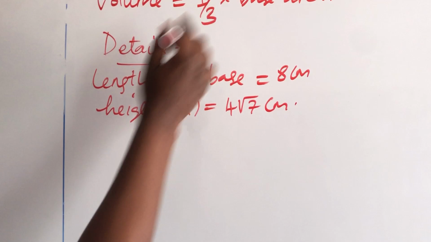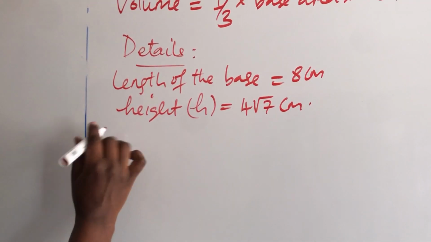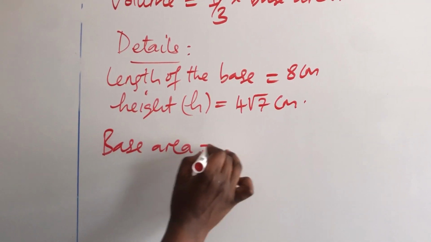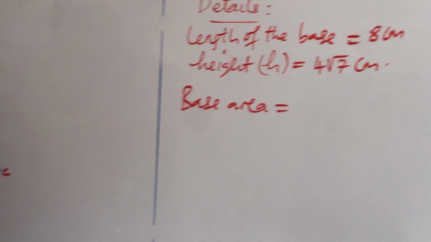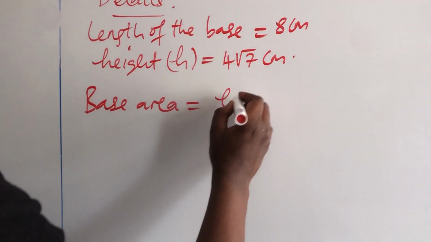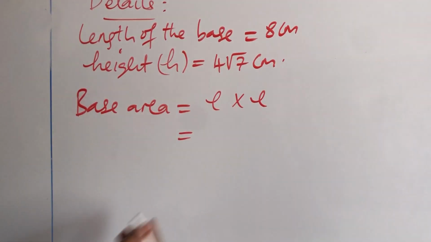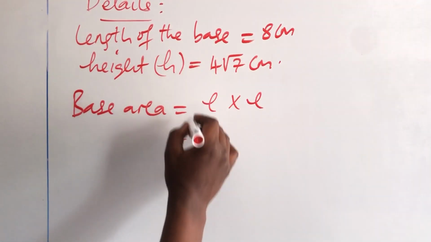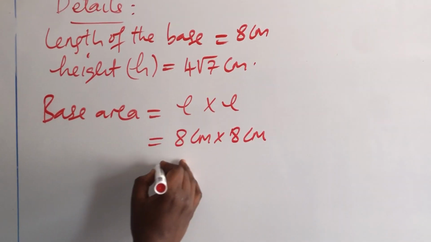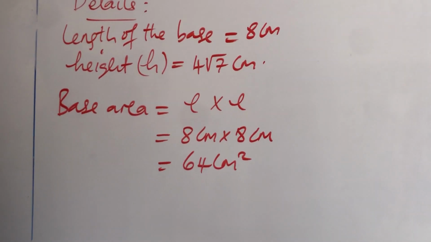Now starting with the base area, the base area equals the area of the square ABCD, which is given by side length times side length. So our length here is 8 centimeters times 8 centimeters. So here will be 64 centimeter squares.